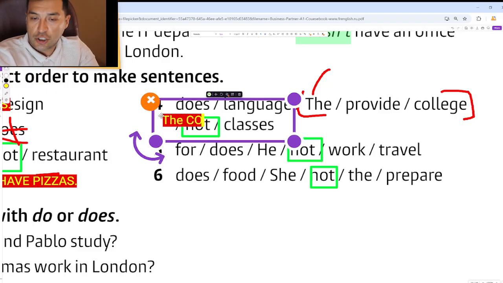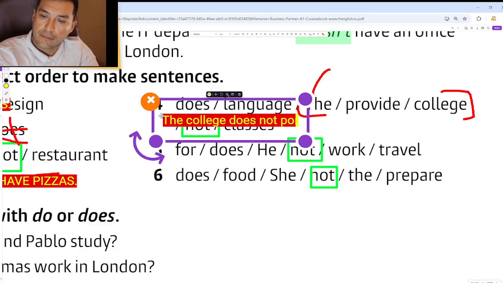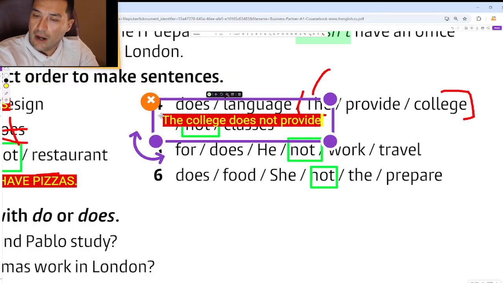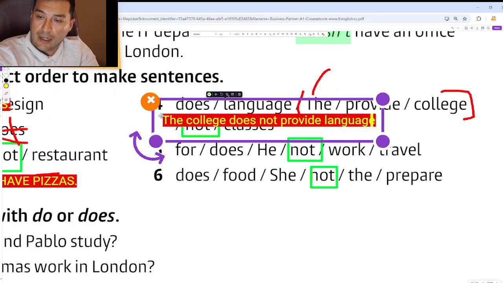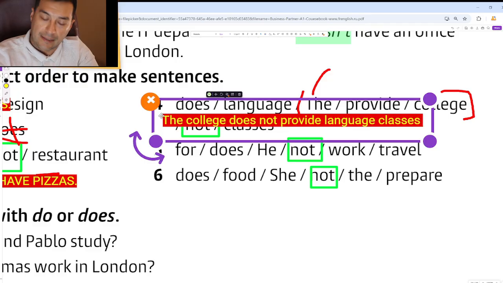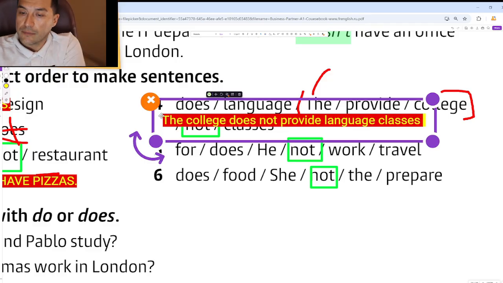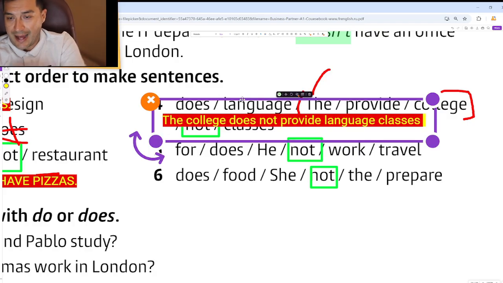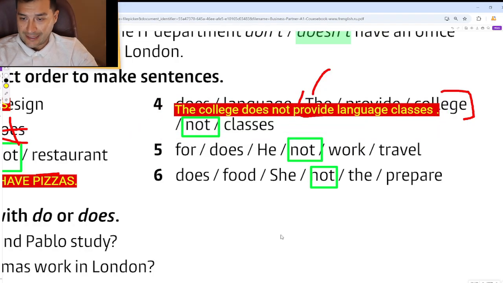The college does not provide language classes. The college does not provide language classes.